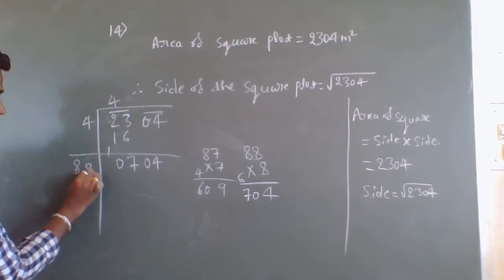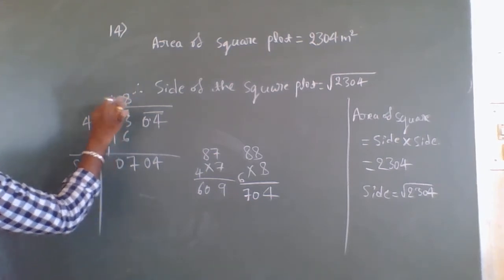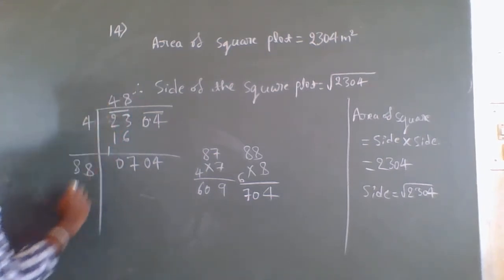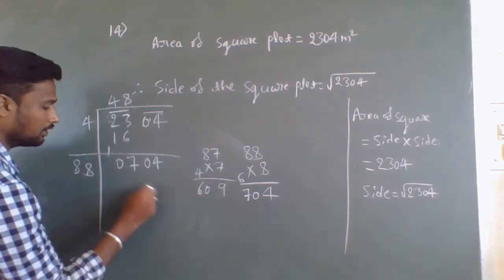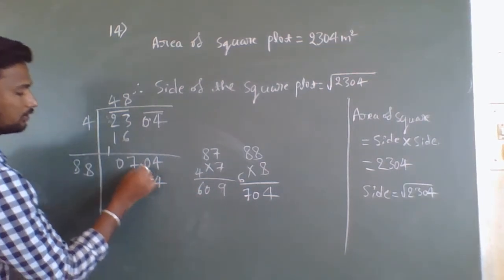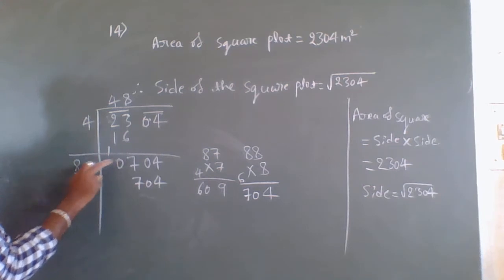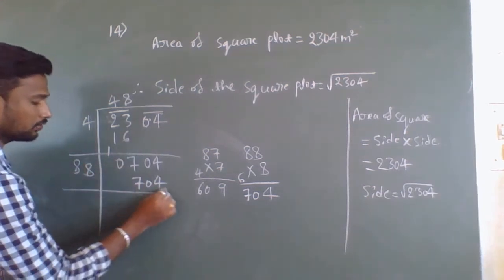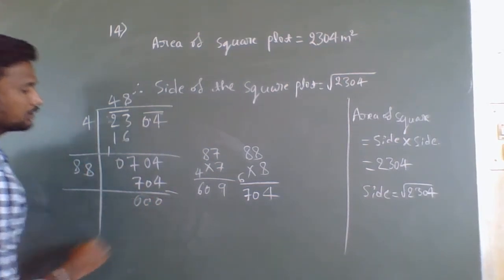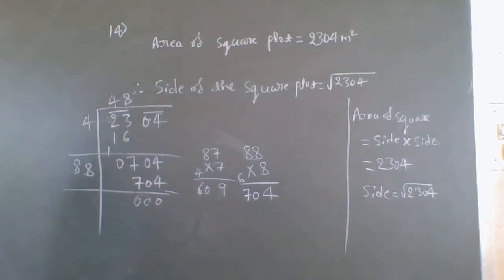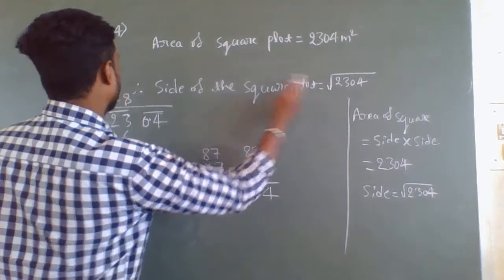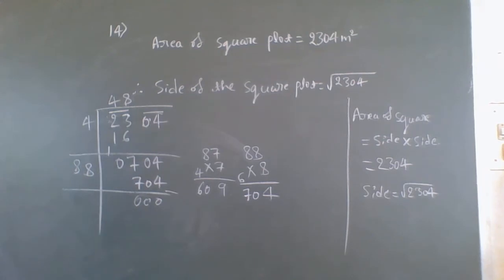So 88 into 8 is 704. When we subtract 704 from 704, what will we get? 0. So the square root of 2304 equals 48.